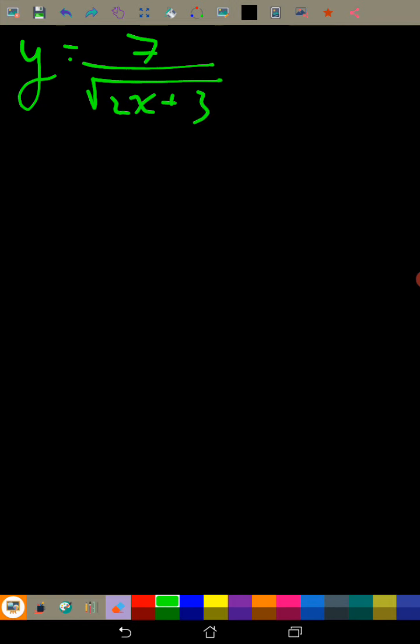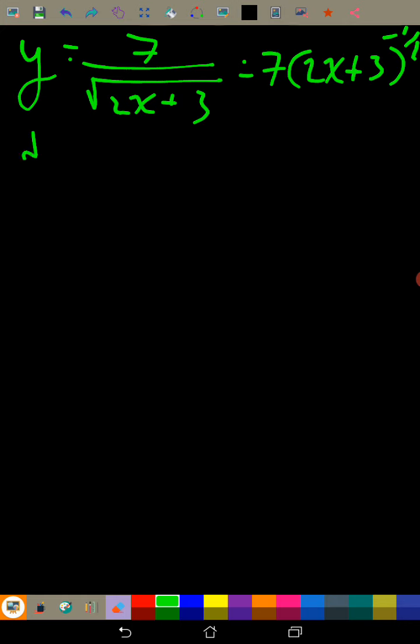So still with equations in fractions, and we have 7 over 2x plus 3, and we need to differentiate. We need to find the rate of change of y in respect to x. We rewrite this as 7 times (2x plus 3) to the power of minus half this time.